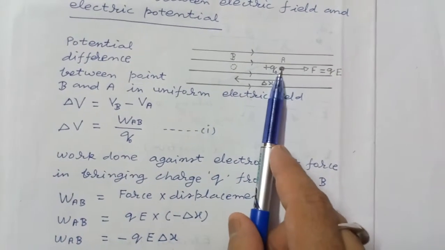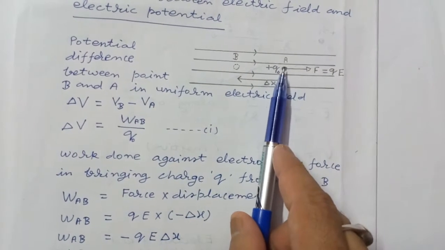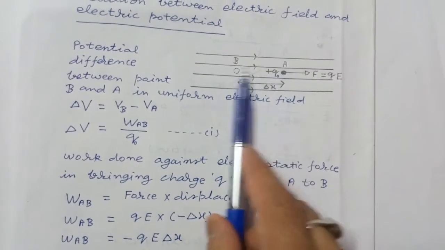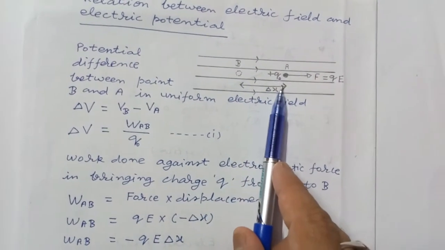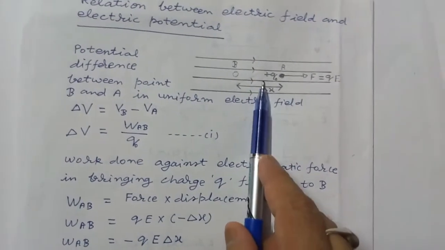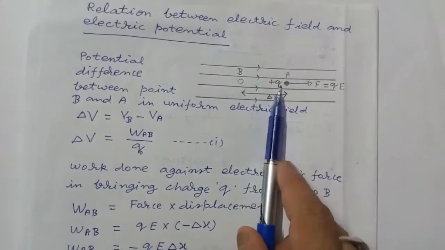Now if we displace this plus q naught charge from A to B against the electrostatic force, and suppose the distance is delta x, then we have to do some work, meaning an external agent will do some work.